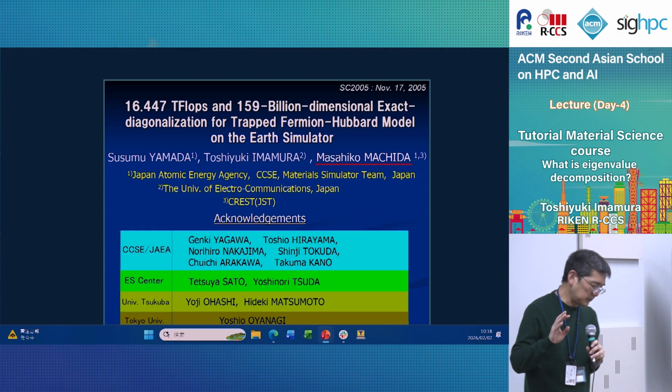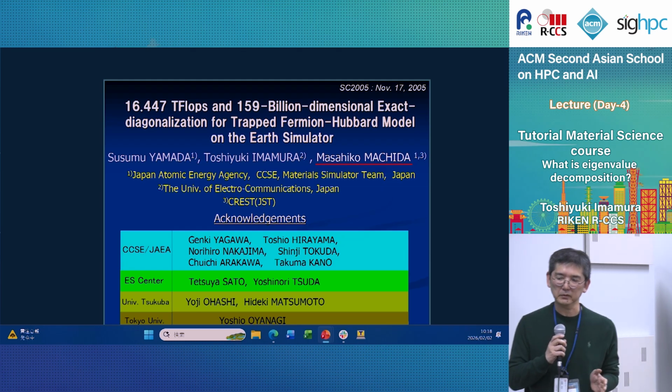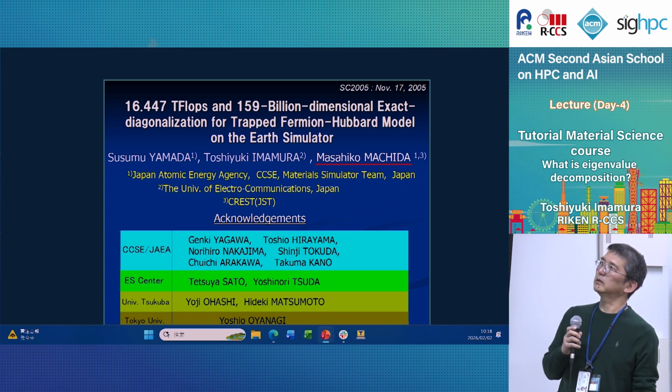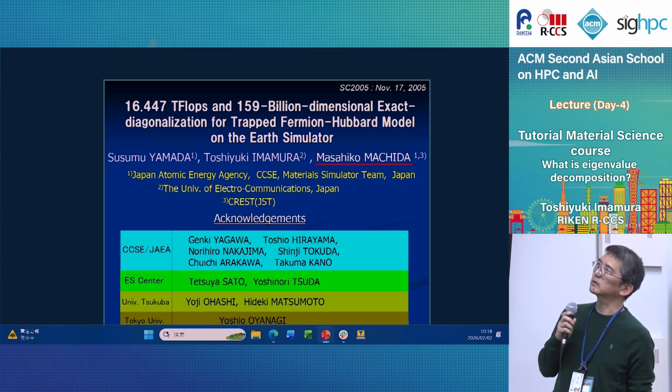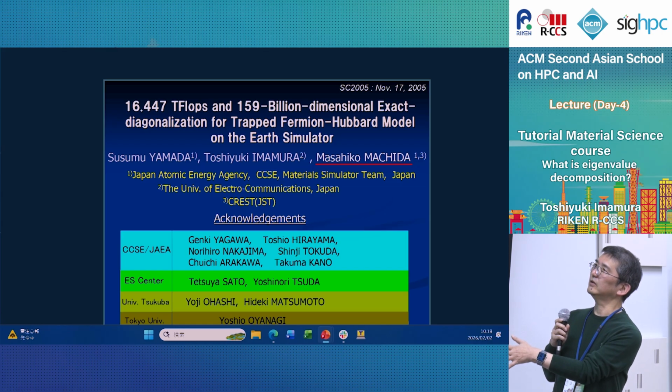I have had several experiences collaborating with the material science community. This was the title page presented almost 20 years ago, at SC 2005.